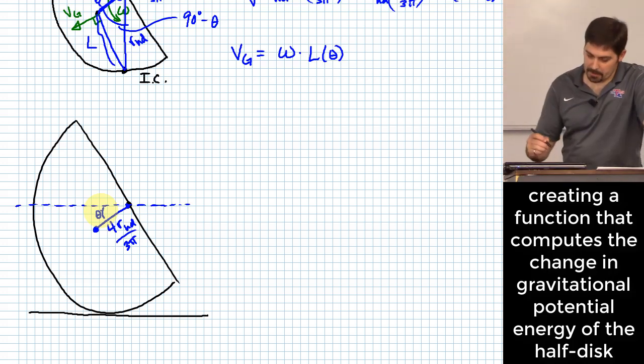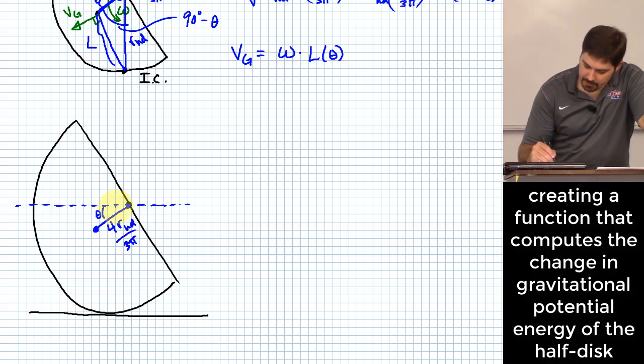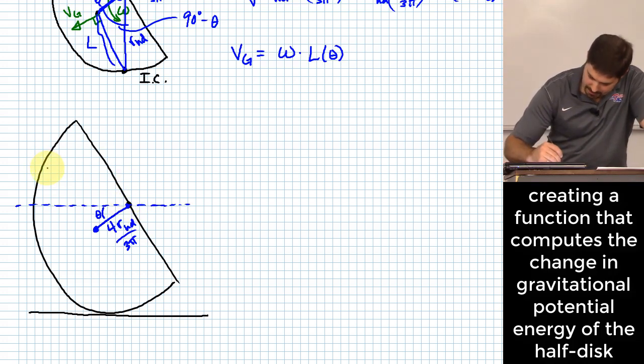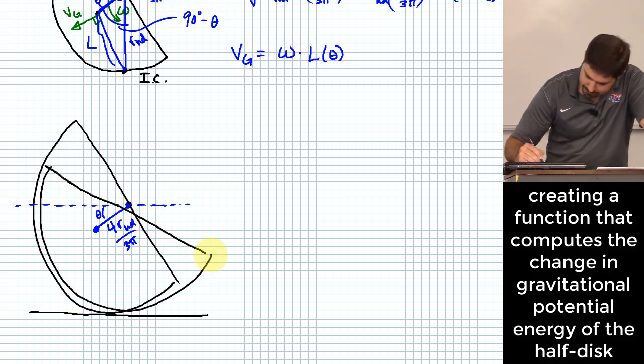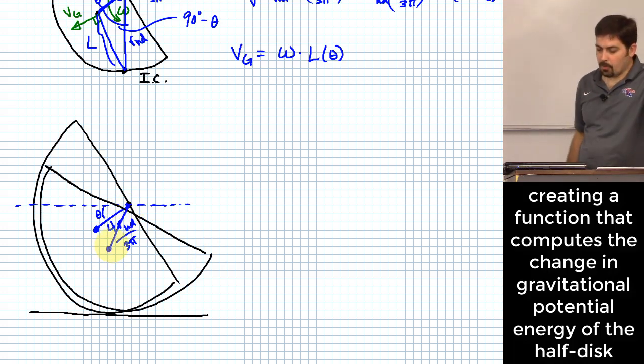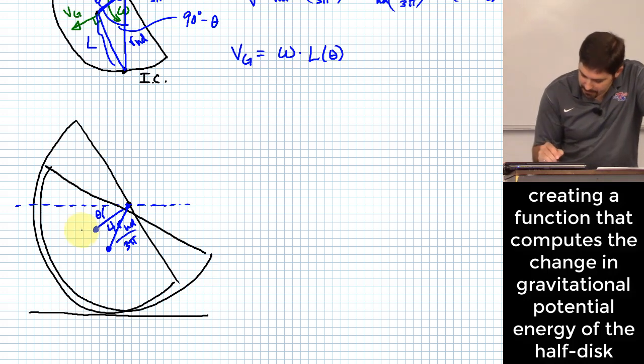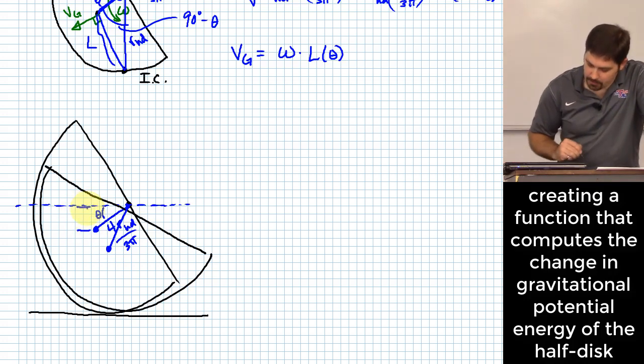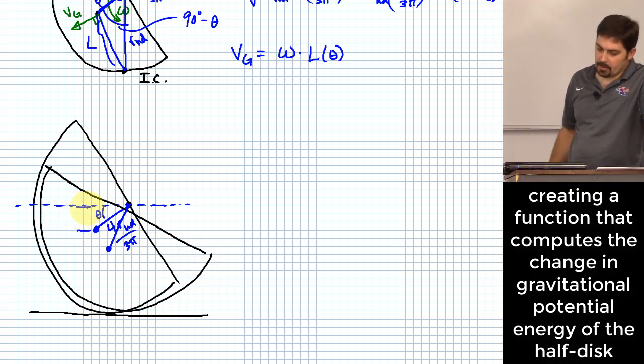Yeah, it does, because what we're trying to figure out is whether it's in this position or whether it rolls a little bit further. Let's say it rolls down to another position here, like this, right? So now it's down like this. You're always going to have a height difference here that is going to be equal to 4r over 3 pi times the sine of theta.